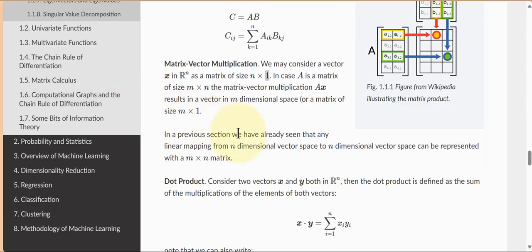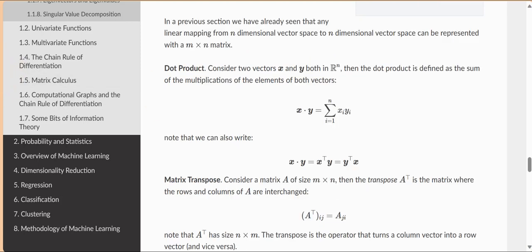Okay, now they remind us that in the last section, we saw that a linear map can be represented as a matrix, and vice versa. A matrix can be represented as a linear map. So what we're doing here again is doing a linear map on x.